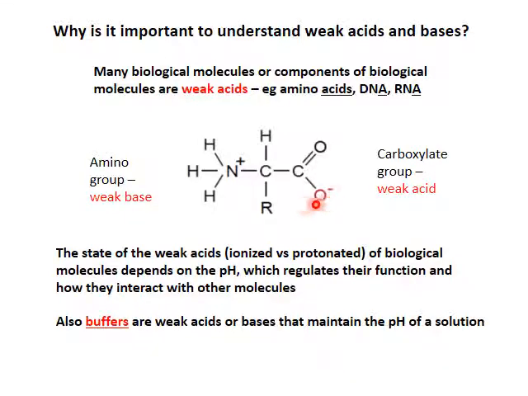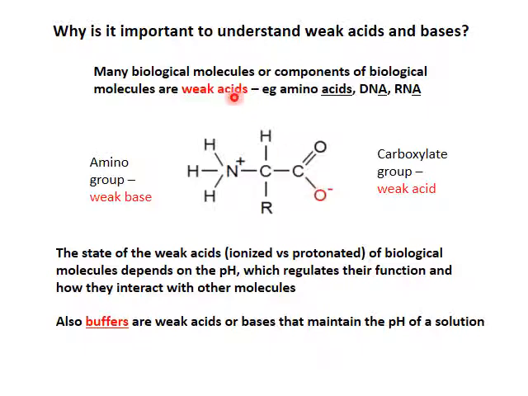So there are huge ramifications if the pH changes too much with these biomolecules, because you start altering their structure, and in macromolecules you start altering their function. And I'll show some examples of that later in this topic.